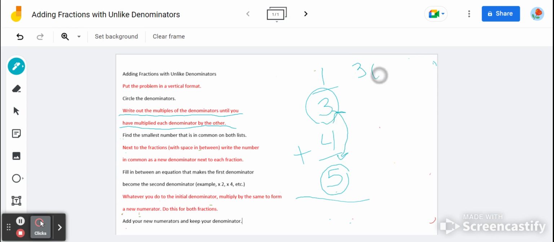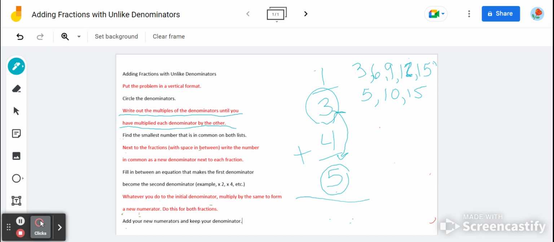So 3, 6, 9, 12, 15. And then I'm going to write 5 3 times, 5, 10, 15, because I know that they both can go into 15 because they are both a part of the multiplication problem.